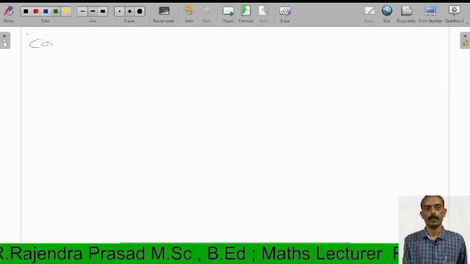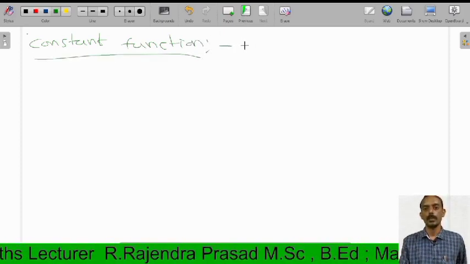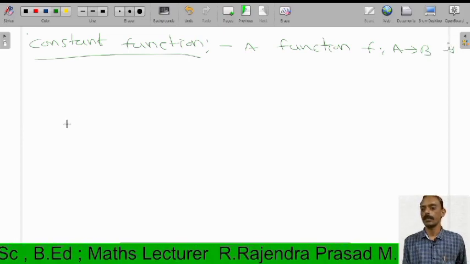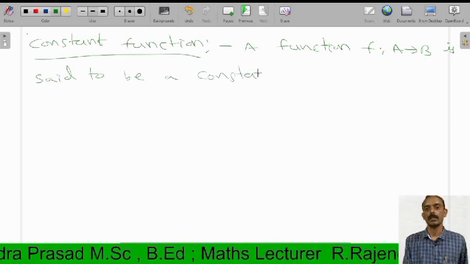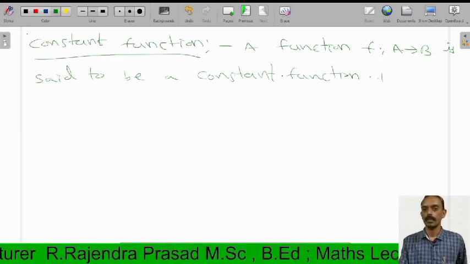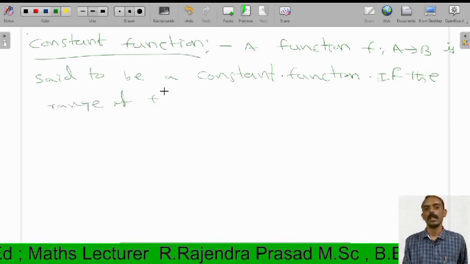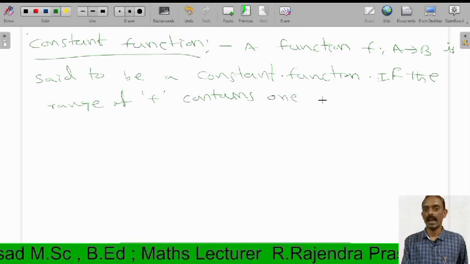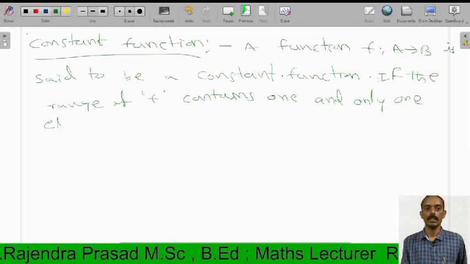Next, constant function. A function f from A to B is said to be a constant function if the range of f contains one and only one element.